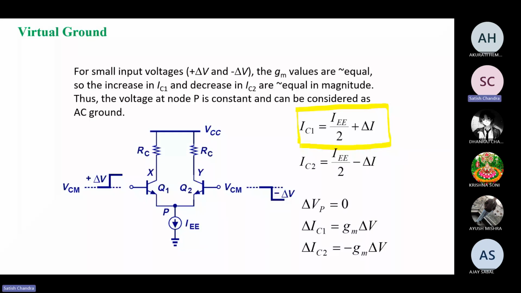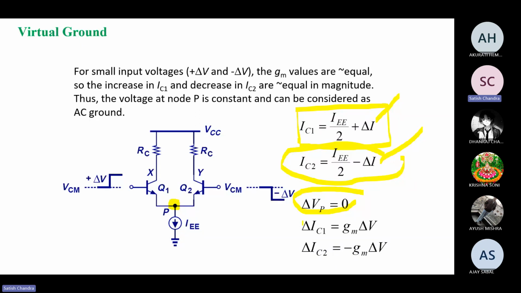That is nothing but the current due to the plus delta V, and this current is nothing but minus delta I because of the minus delta V. So if I check the delta V across this end, it is going to be 0 only, because overall we are changing nothing but 0 voltage.